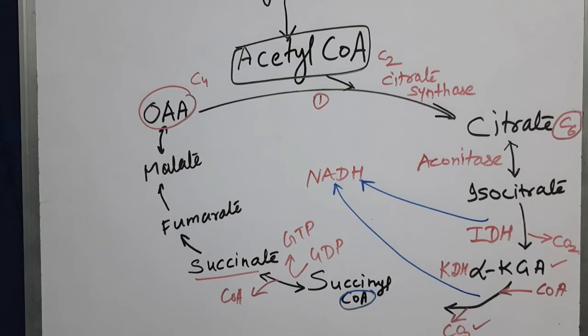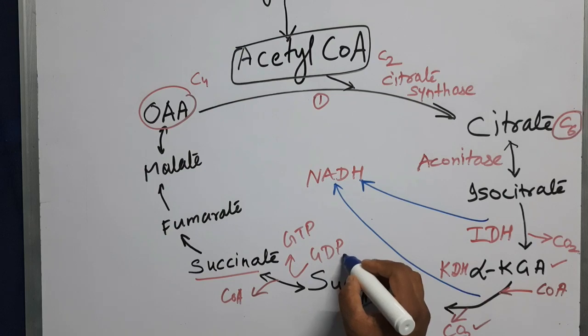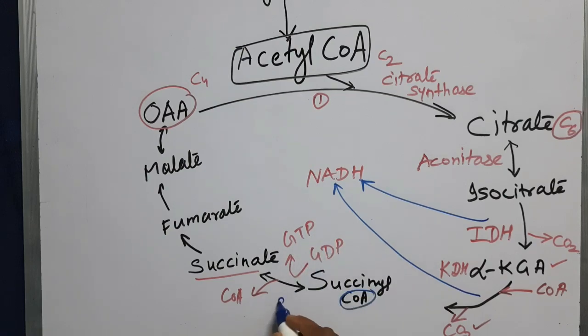If you see my previous video on glycolysis, there I mentioned substrate level phosphorylation, where phosphorylation can happen at the level of the substrate itself. Here also, in the conversion of succinyl-CoA to succinate, whatever energy is released is used in phosphorylating GDP to GTP. So this is also an example of substrate level phosphorylation.